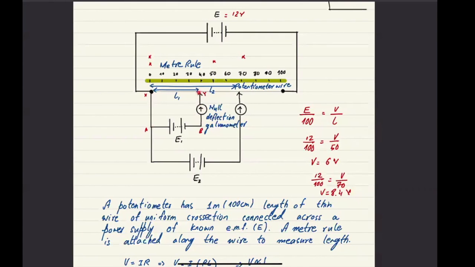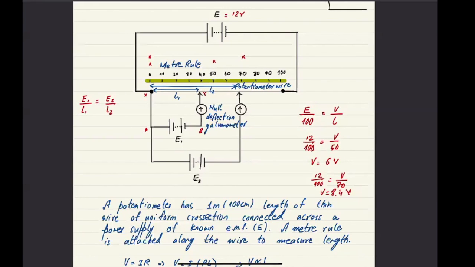So searching for a zero deflection point gives me a point where the voltage between X and Y becomes equal to the voltage between A and B. So, as I've already told you, I choose one battery with known EMF and the other battery with unknown EMF, and I find the zero deflection points for both of them. If that be the case, E1 over L1 must be equal to E2 over L2.